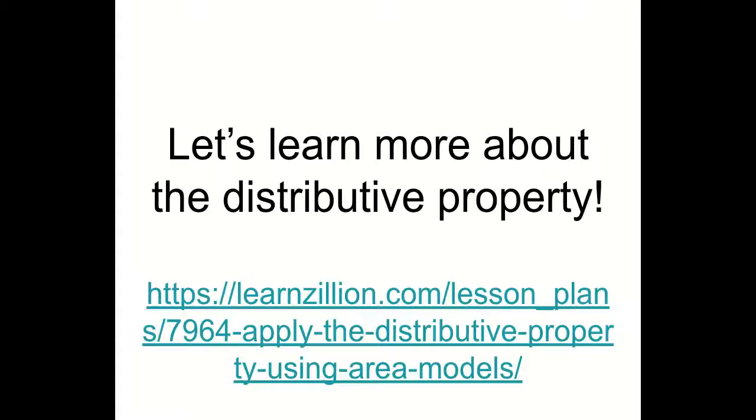In this lesson, you are going to learn how to use the distributive property by using area models. You already know that when we multiply whole numbers, we are combining equal groups. You also know we can use an area model to help us show and solve multiplication problems. For example, if we have the problem 8 times 7, it means we have 8 groups of 7.